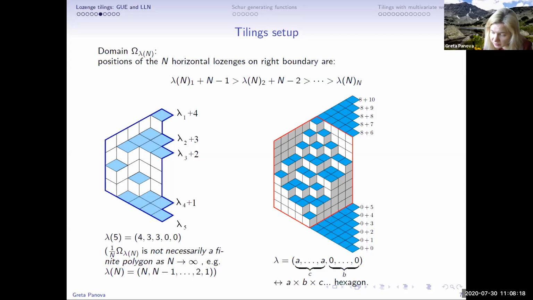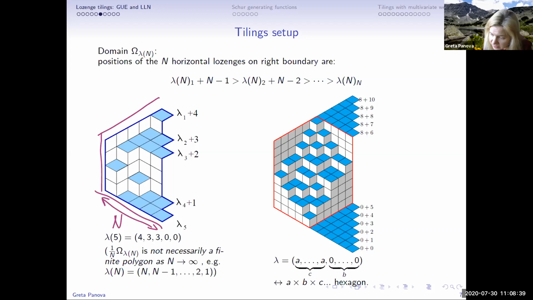So we have what's called a trapezoidal region. So we have 3 flat sides. And then this dimension here is going to be big N.